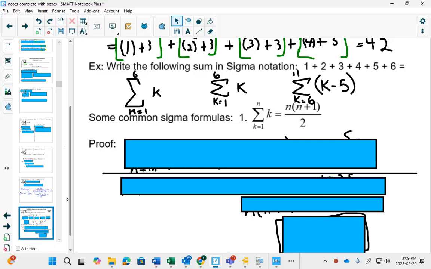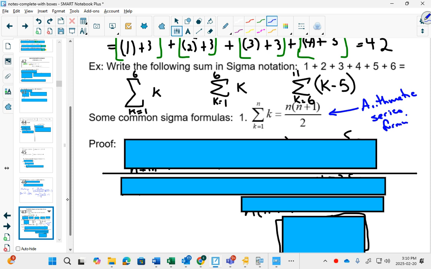So you can just add the first one, which is 1, and the last one, which is n, times n, but that would count it up twice, so you divide it by 2. That is just a little note. You want to look it up. That's related to an arithmetic series formula from grade 11.